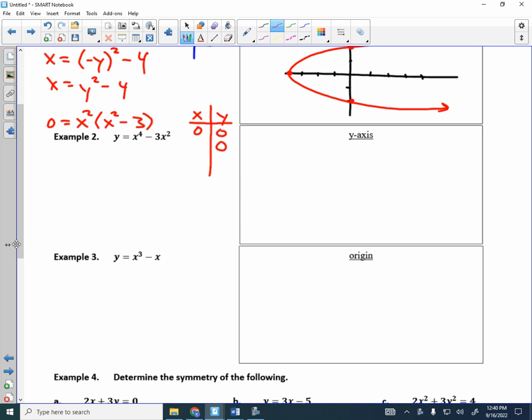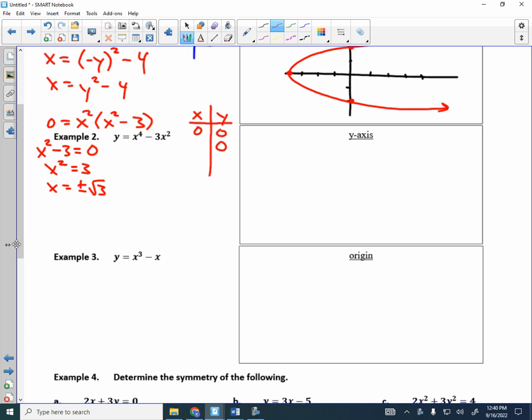Anybody know the solutions to that equation? That's just 0, which we have. And then anybody know what I would have here? Close. So if we do x squared minus 3 is equal to 0, you get x squared is equal to 3, which means x is equal to plus or minus the root of 3.